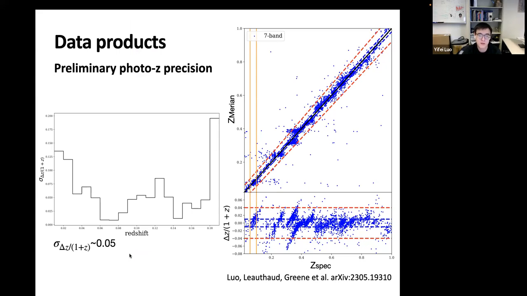Remember, our goal was 0.01, but that was based on no photometric error; we didn't consider the uncertainty of the photometry. So in reality the precision is a little bit worse. But that's still a preliminary photo-z precision. We're still working on this, and I think we can still improve it a little. With the existing photo-z precision, we can already measure the weak lensing signal around the dwarf galaxies.